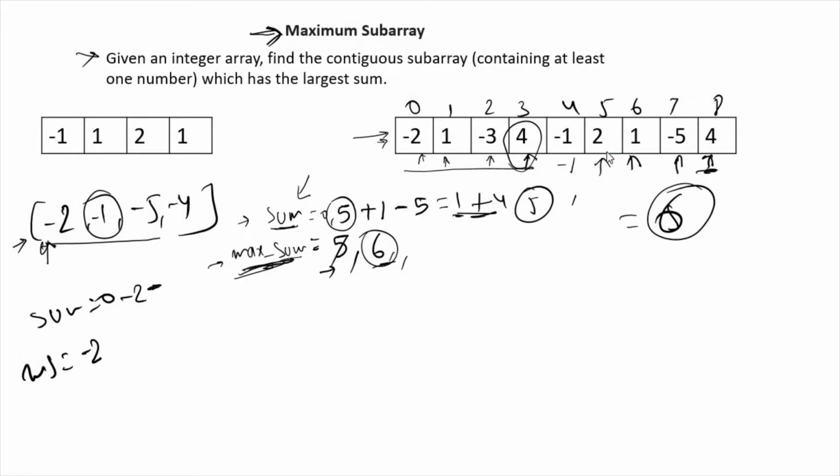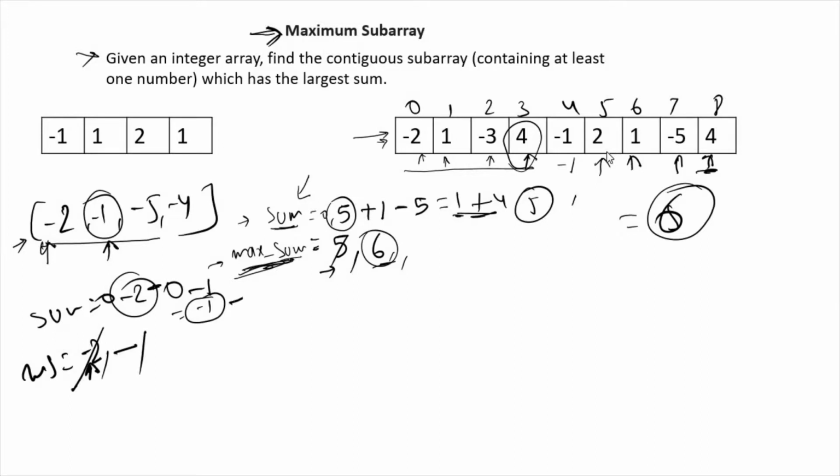Again, as sum is less than 0, change sum to 0 and add the next element, minus 1, so it will become minus 1. We can see maximum sum is minus 2, but our answer is minus 1, so we'll replace it and store minus 1.